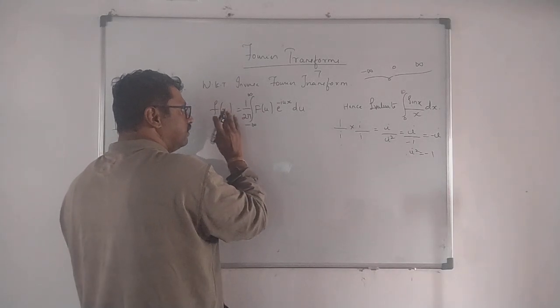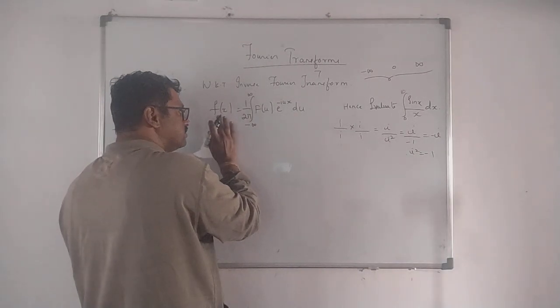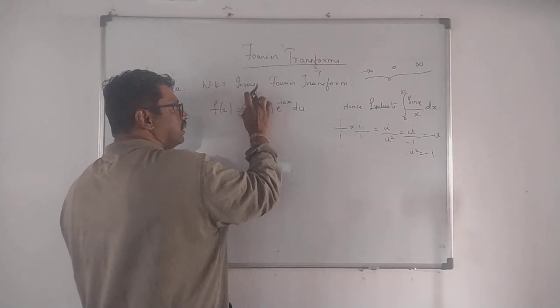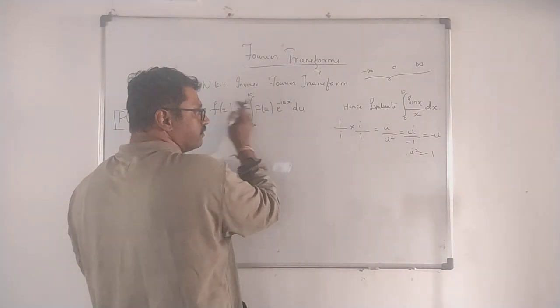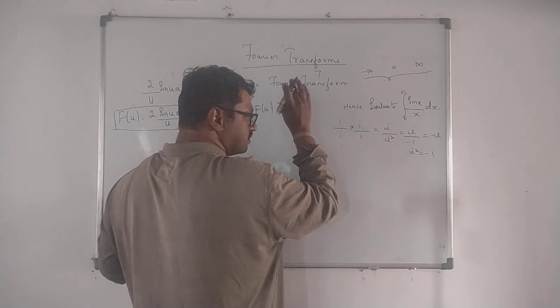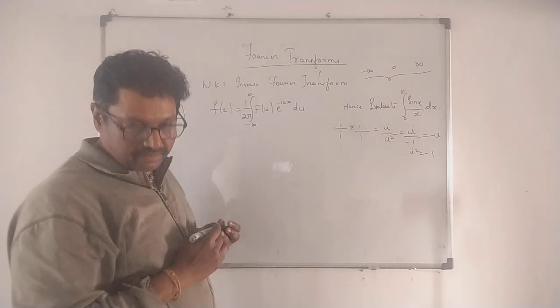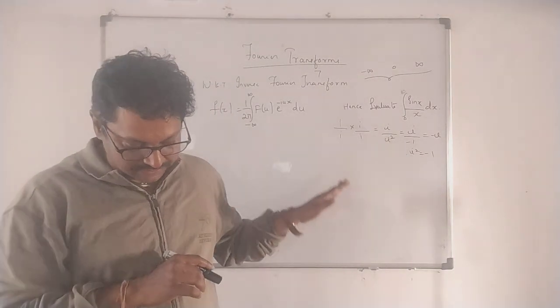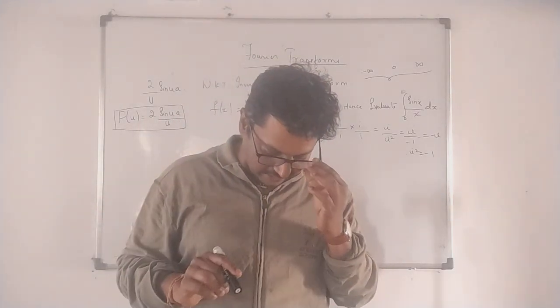But the inverse Fourier transform is always f of x equal to 1 by 2 pi, integral from minus infinity to infinity of f of u, which you got here, e to the power of minus iux du. Understood? This is how to do the problem when it comes to the inverse Fourier transform.